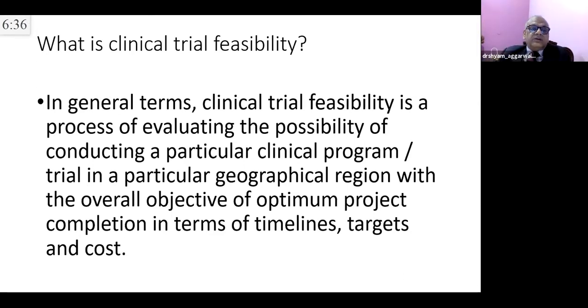So they would be looking at a facility where you can meet these objectives through a CRO, or they can do it themselves by having an office in our country or in India. So that is the broad objective of this feasibility questionnaire, that whether you can complete the project in a specified time, meet the targets.